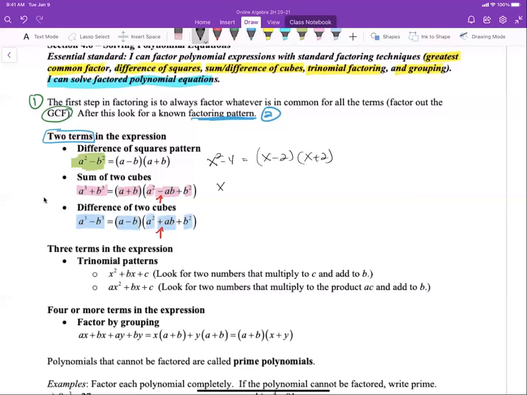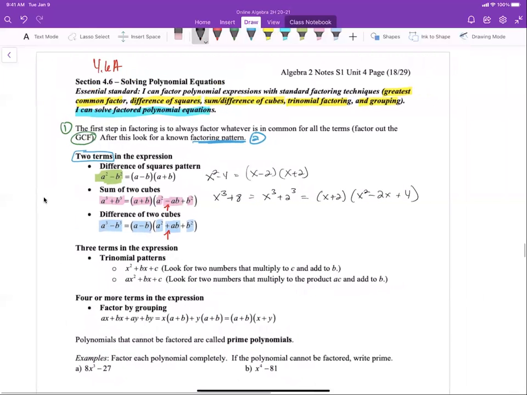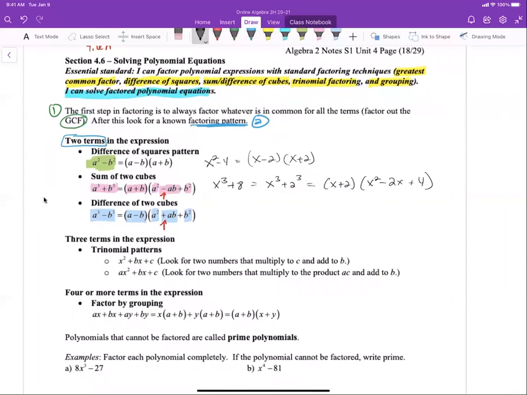What if I had x cubed plus 8? That is the same as x cubed plus 2 cubed. Those are the sum of two cubes. So x plus 2 times x squared, switch the signs, minus 2x plus 4. And I could do the same thing with the difference of cubes. So those are the two-term patterns: the difference of squares, and the sum and difference of two cubes.